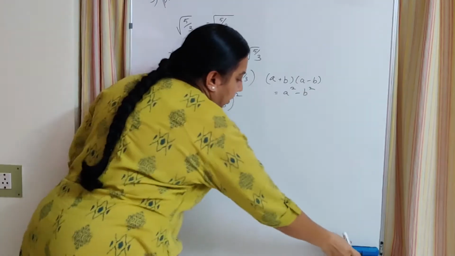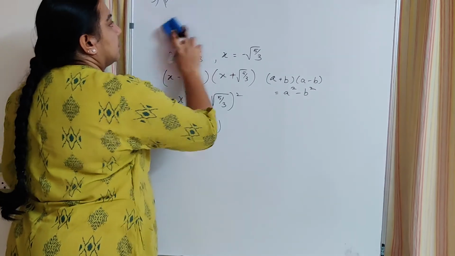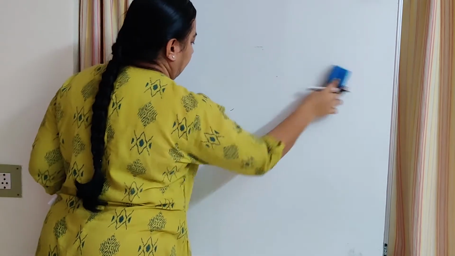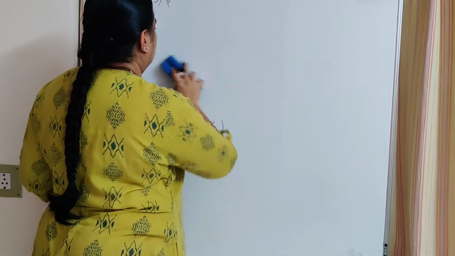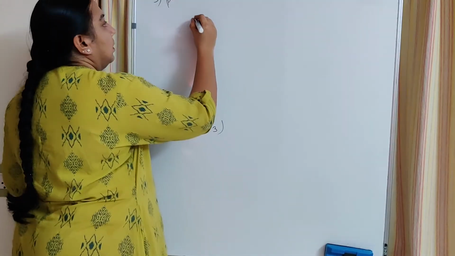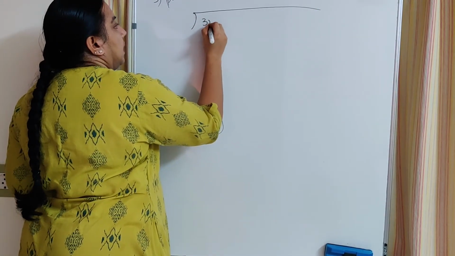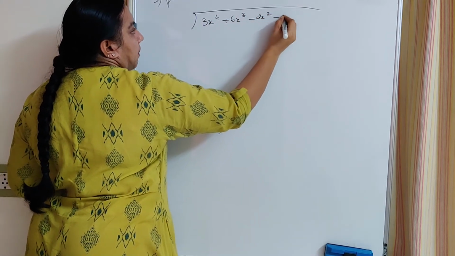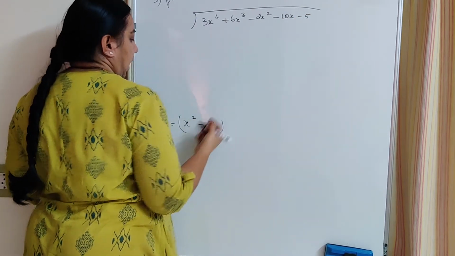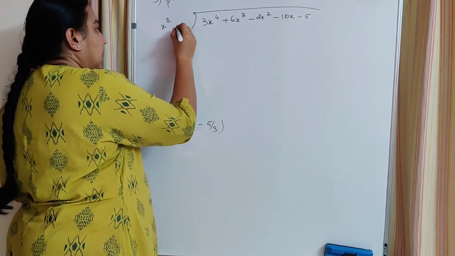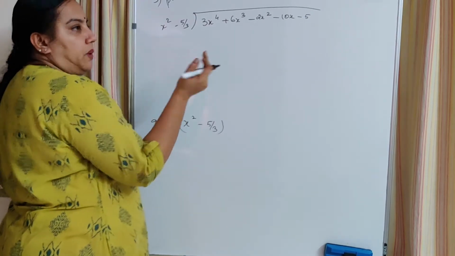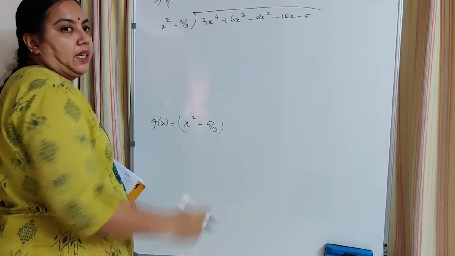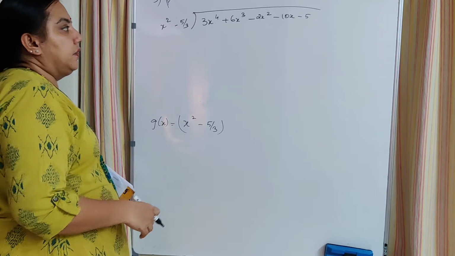We will continue with the polynomial division. x power 4 plus 6x cube minus 2x square minus 10x minus 5, I am going to divide it with x square minus 5 by 3. You might get scared seeing a denominator. Don't get scared, those numbers will get easily cancelled. We'll continue with the division.